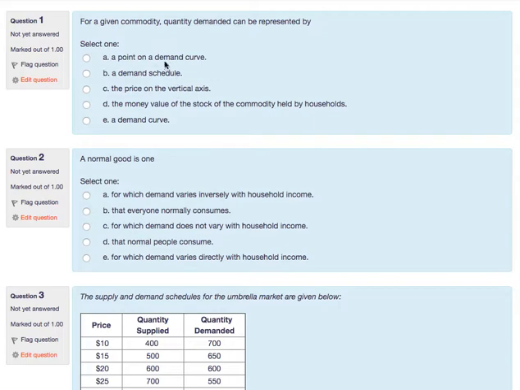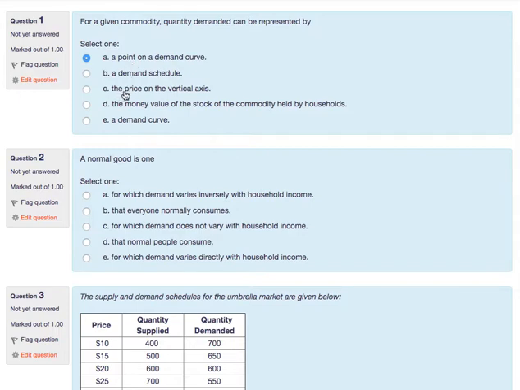However, it is only a point on a demand curve that represents quantity demanded. That point is associated to one specific quantity demanded at one specific price. So it's based on this distinction that you need to understand this question.